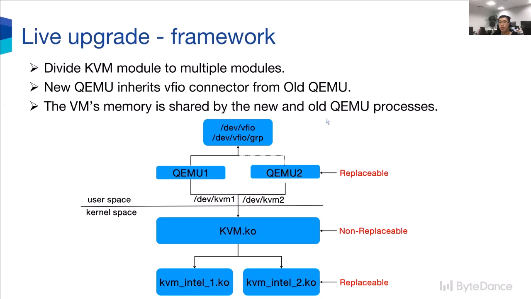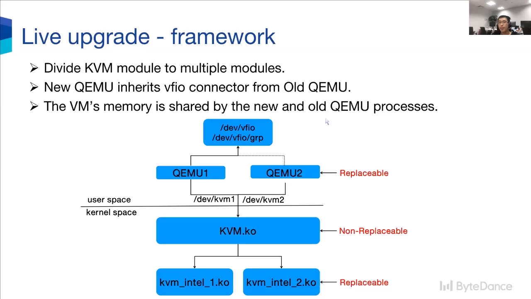To load multiple copies of KVM inner modules, we associate all the original global variables in the KVM module with the KVM inner module and make all the global functions local.